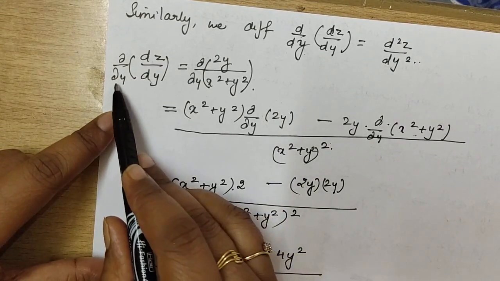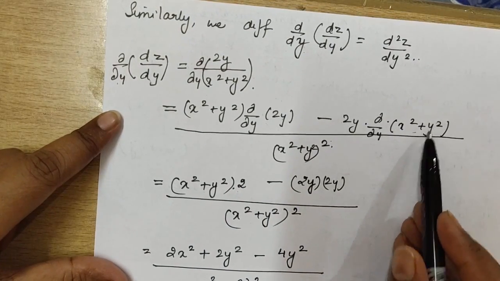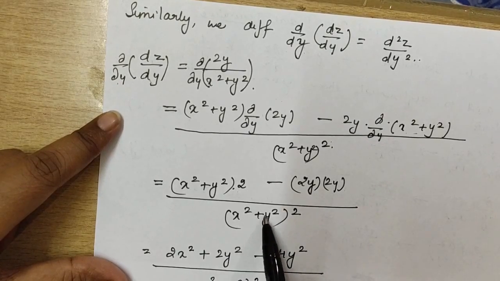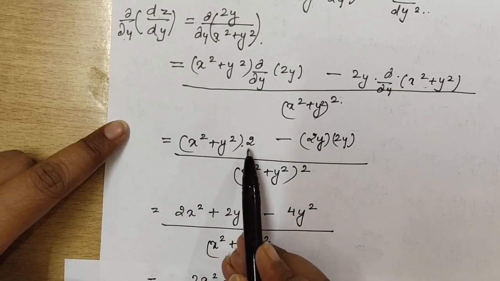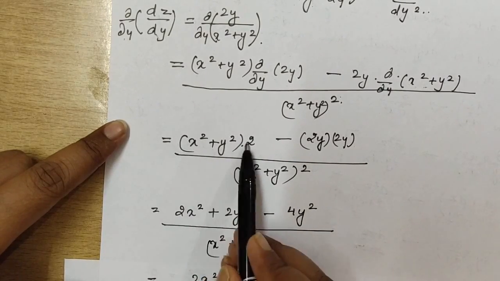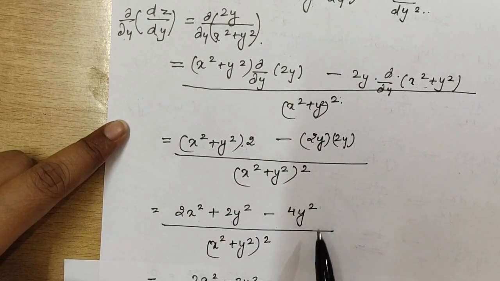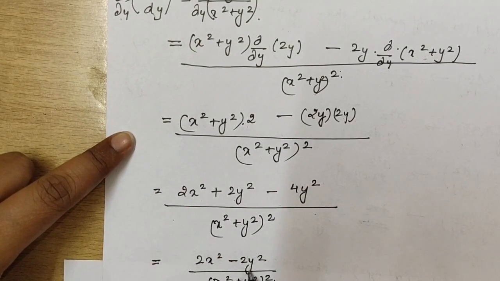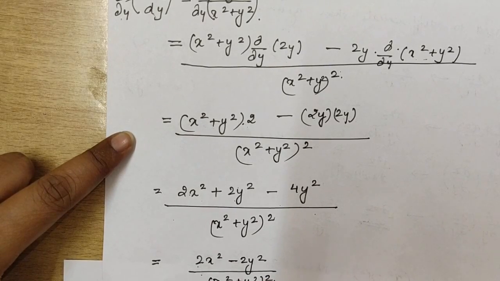Again, we are differentiating with respect to y, so this will be 2, and over here this will be 2y and x will become 0. Again, the square of the denominator. Fine. So, opening the brackets, 2x square plus 2y square minus 4y square. Now, simplify this. You cancel this out, you will be left with minus 2y square plus 2x square, then the whole square of the denominator.